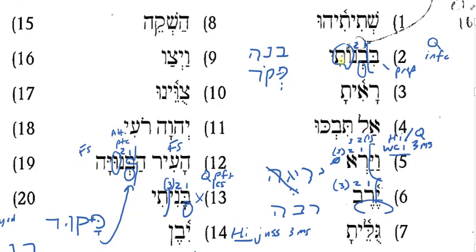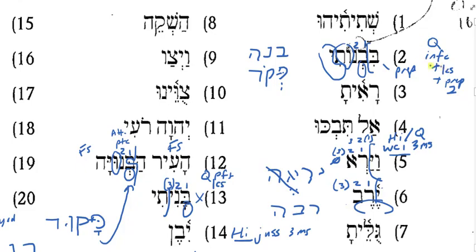Benot. The only thing is that 3-hay verbs are weak on the back side, so I'm not going to have the typical sort of thing, but the front is normal, okay? So it's literally in the act of building, and then this consonantal yod at the end is which pronoun? It's the 1CS pronoun, okay? So I have a qal infinitive construct with the 1CS pronoun and the preposition bet, okay?